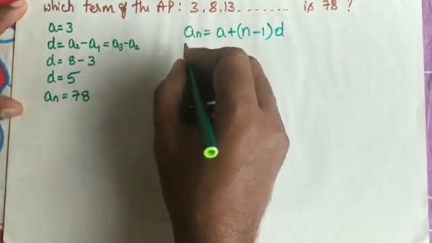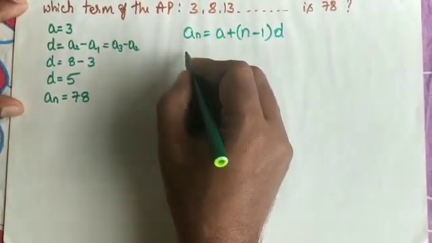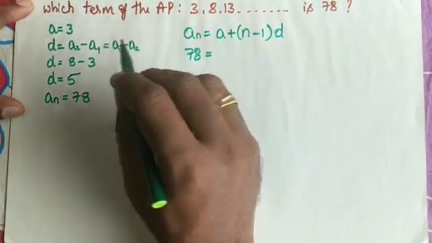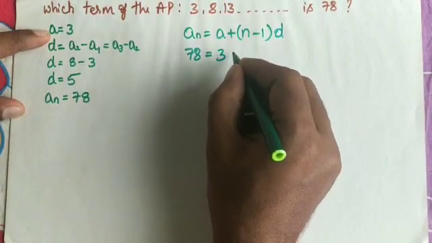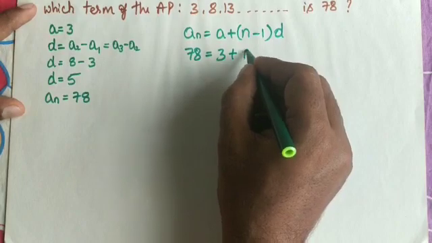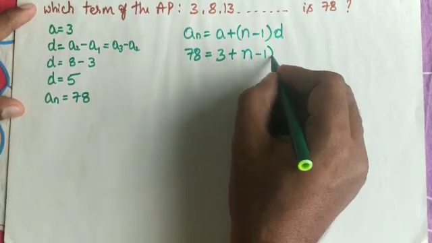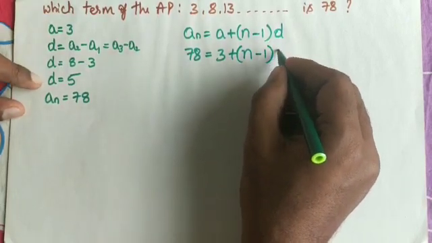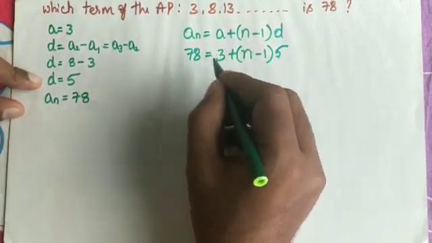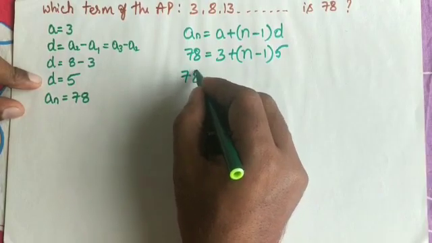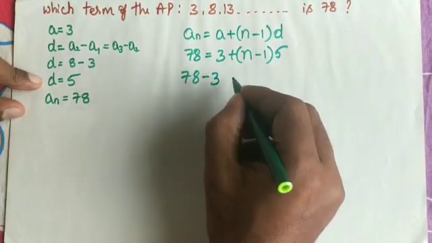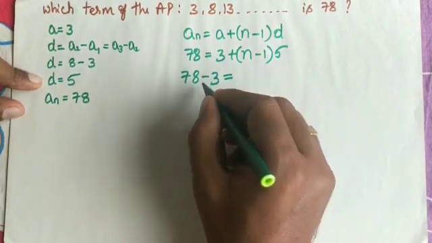Here an is 78. a is 3 plus n, which we want to calculate, minus 1, and d is 5. So we will take this 3 to the left hand side. So 78, the plus 3 will change its sign as it moves to the left hand side. So minus 3.